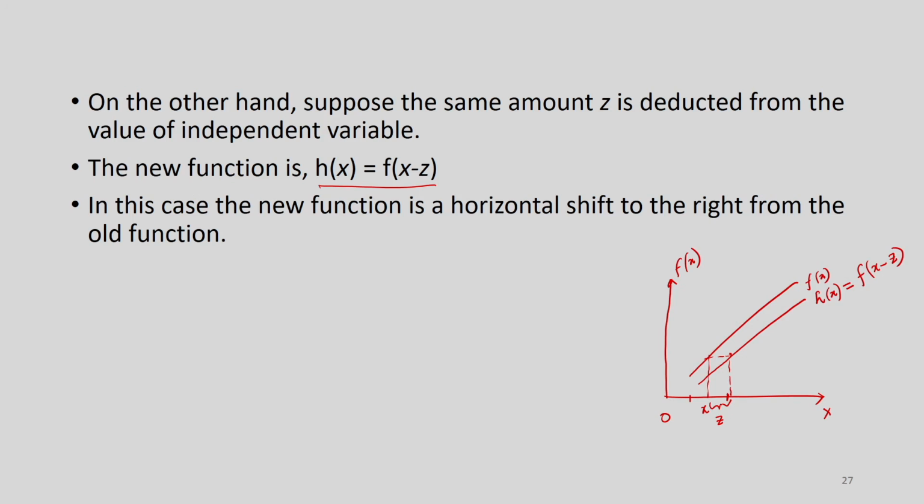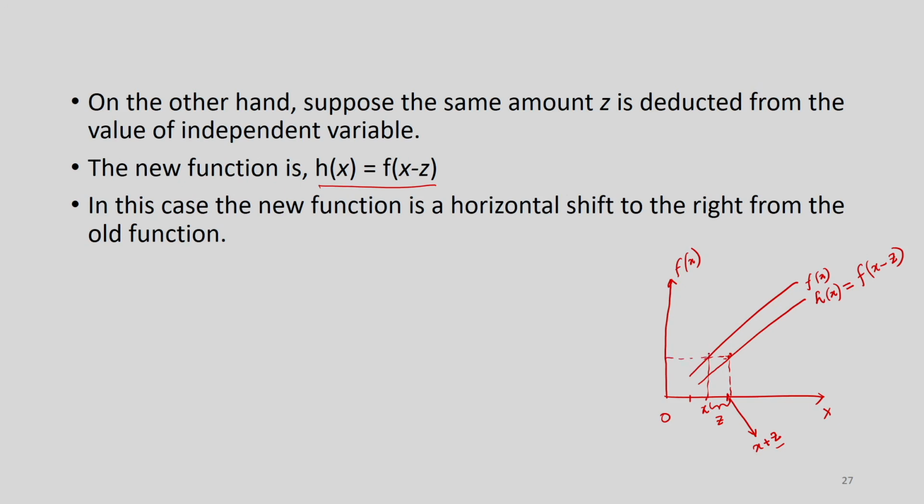You can see it from here itself, that here if I take x plus z, I get this value, okay. And what is the corresponding value of h? It is this, and from this if I just deduct z, I get x, and from that if I go to f x, I get the same value. Okay.